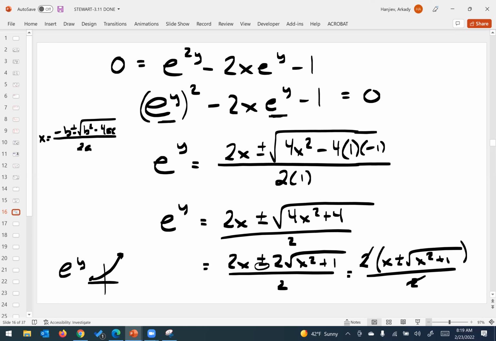This guy cannot be negative. You can't have a minus sign because it can't touch 0 and it can't be negative. So we're going to drop the minus sign. And so we have ourselves this. The e to the y is equal to x plus the square root of x squared plus 1. Good there? Yes, and I think we've got it.